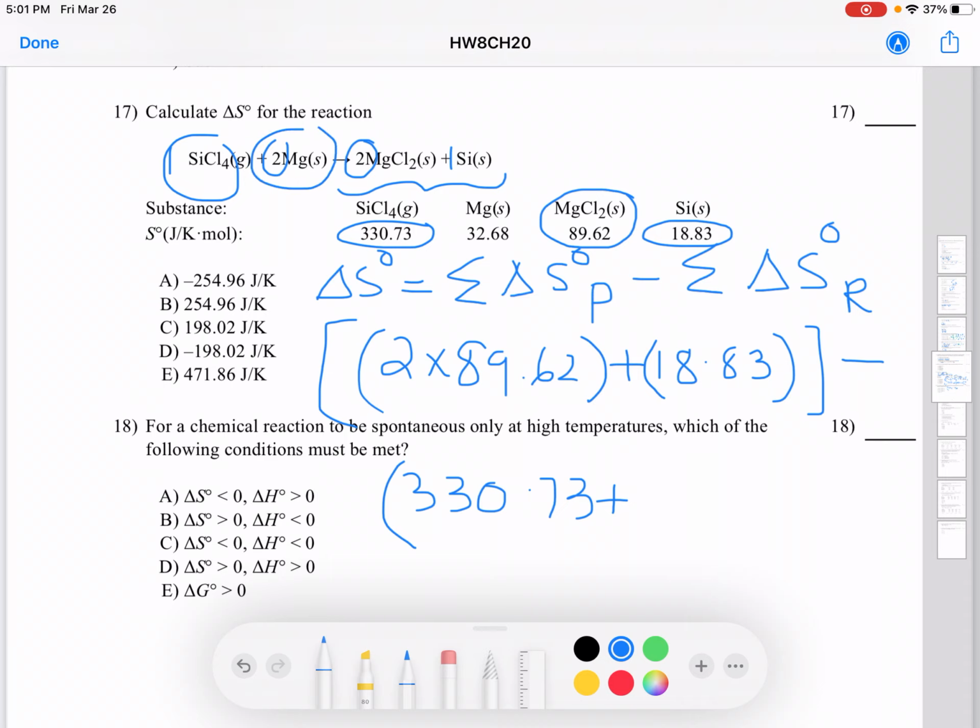There are 2 magnesium, 2 times 32.68. Products entropy minus the reactant entropy, and then you can find the correct answer. Okay, you can find the answer and do your own calculations.